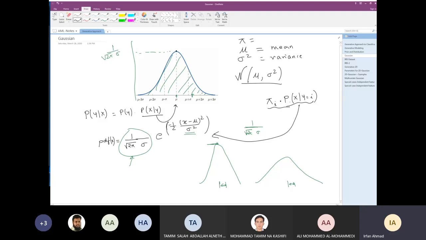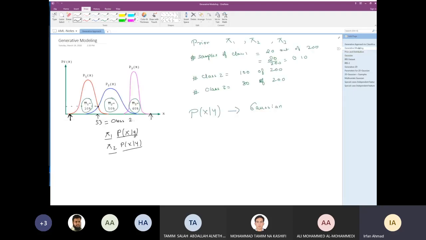So let's go back to the previous example. If you have three classes, what will we do if we get a test sample x? We'll compute pi 1 times p of x given y equals 1, pi 2 times p of x given y equals 2, and the prior 3 times the likelihood of generating x from the third distribution.